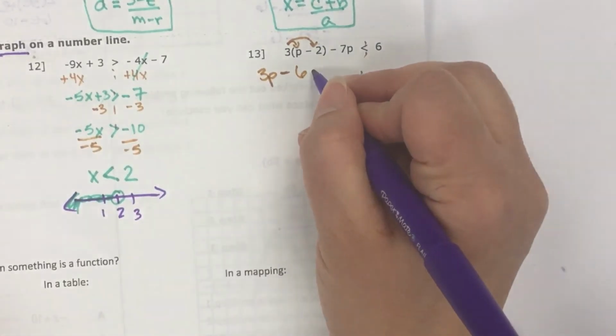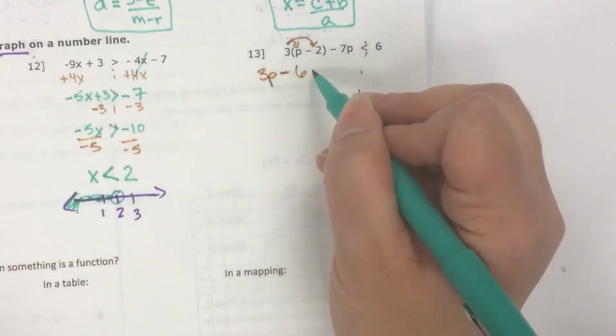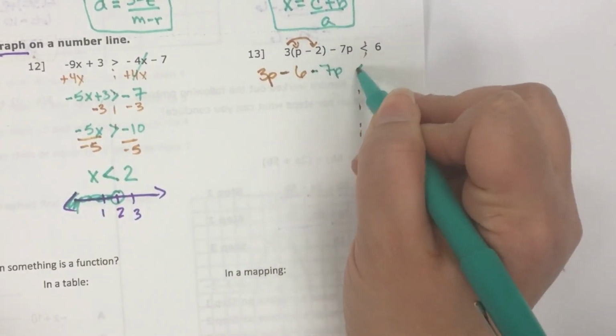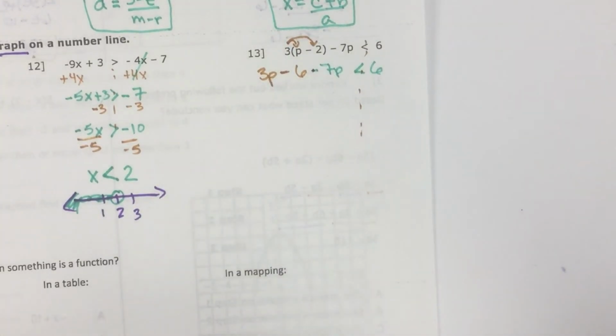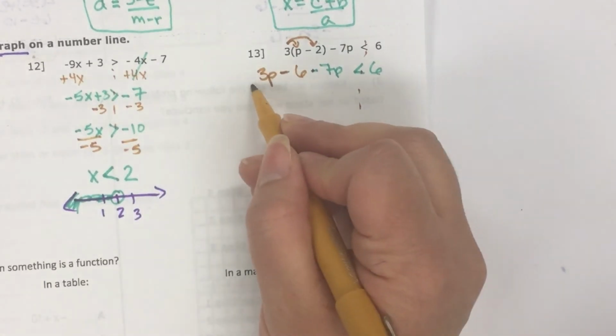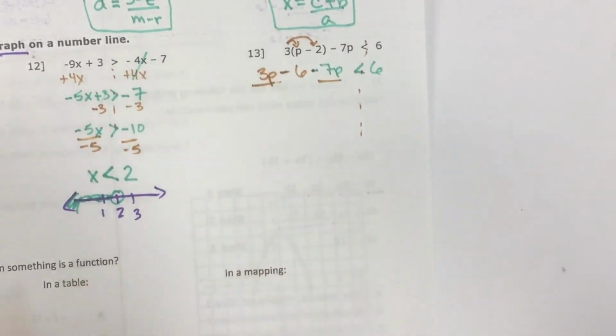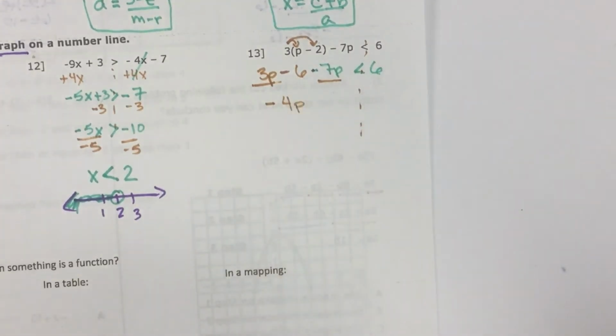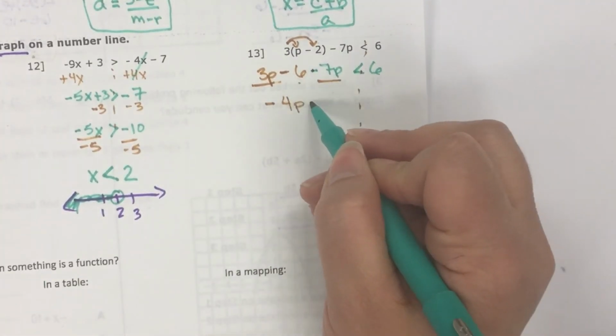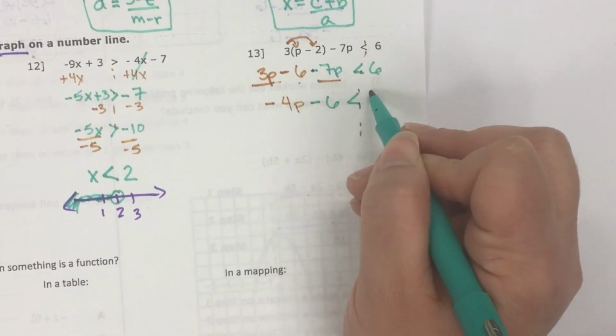My minus 7p is still there. My less than 6 is also still there. Now, combine our like terms. 3p minus 7p is a negative 4p. My negative 6 moves down, less than 6.